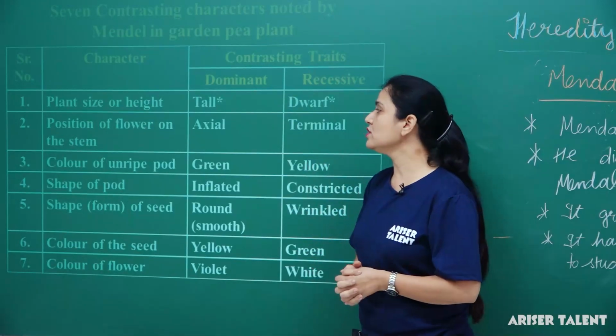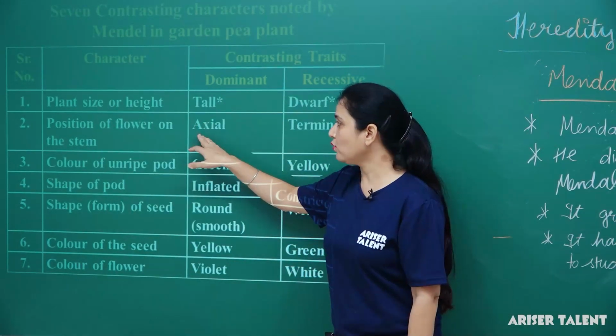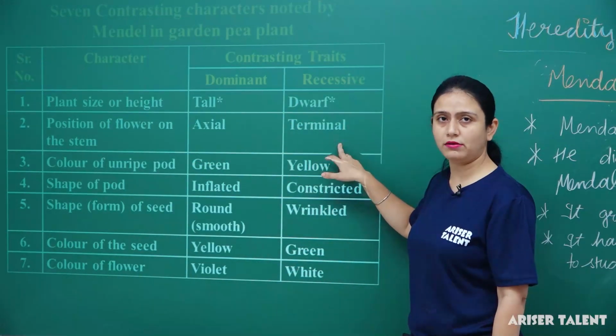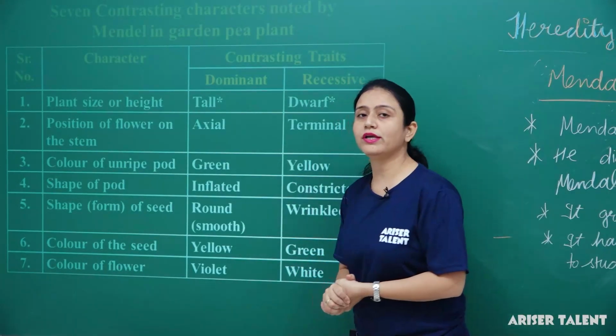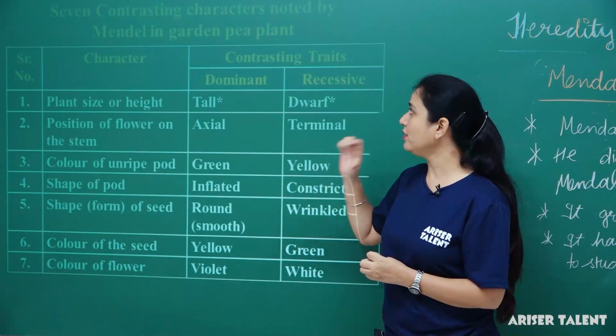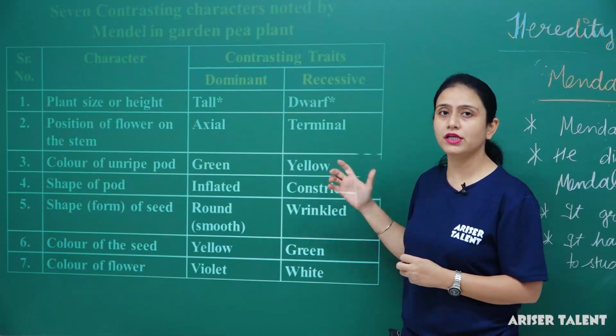Then position of flower on the stem. The plant which was tall, it was axial, and the plant which was dwarf, it was terminal. Another thing, color of unripe pod. In the dominant trait it was green, and in the recessive it was yellow.